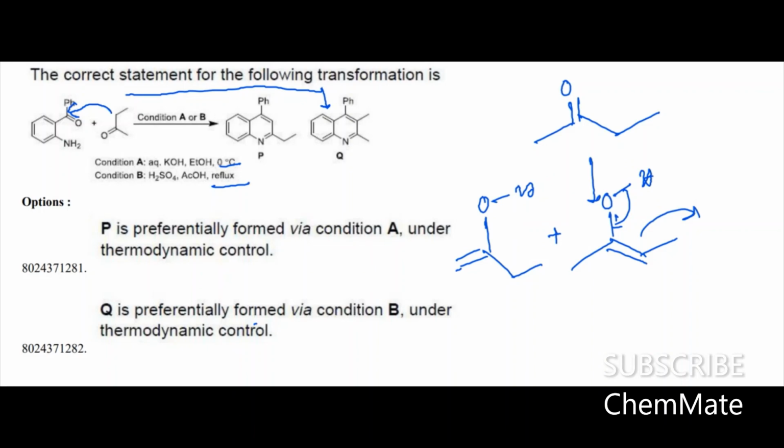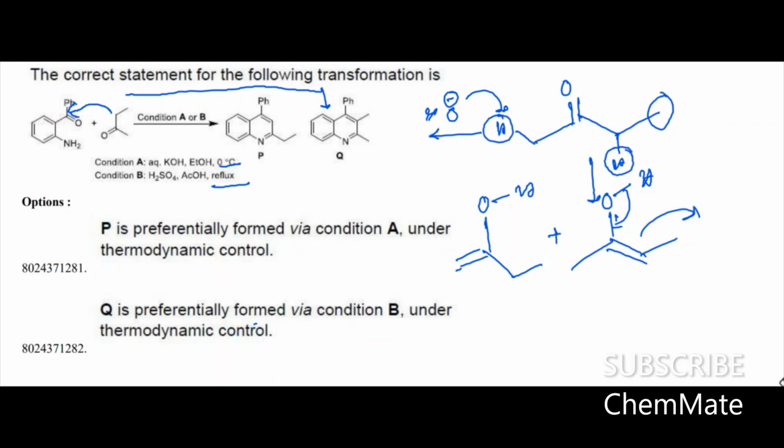Now under kinetic condition, as the base employed is a small one, it will preferentially abstract the proton from the less hindered side, because as one methyl group is present, this proton is sterically more hindered than this proton.